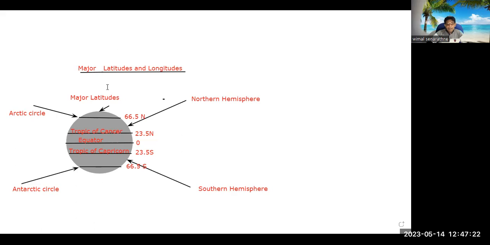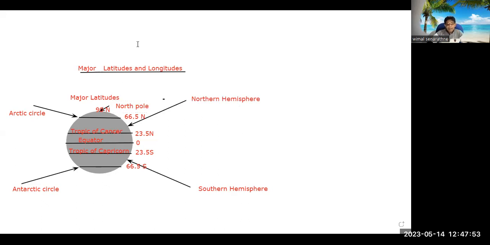The degree value is 90 north. ඒ තමයි උතුරු අක්ෂාංශ 90, right, 90 north. It is called North Pole. ඒ අක්ෂාංශයට අපි කියනවා උත්තර ධ්‍රවය කියලා, North Pole.